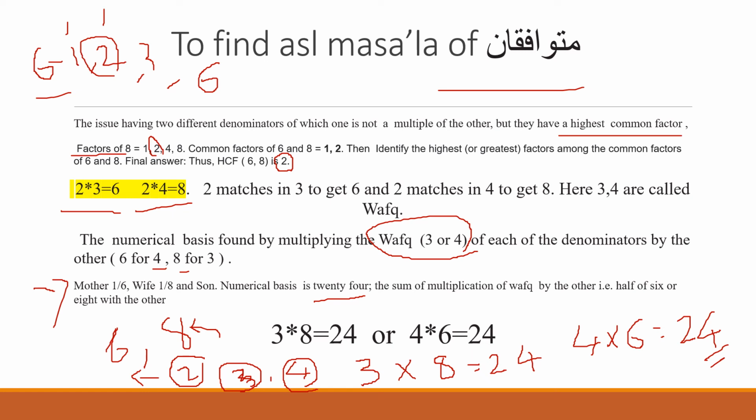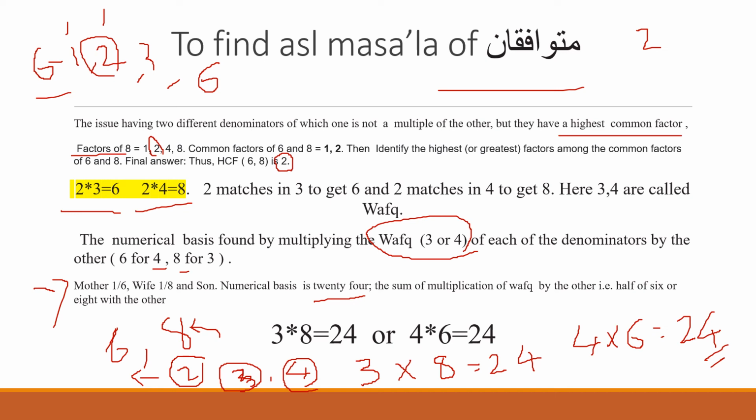Okay, so for two denominators whose relation is mutawafiqani, it means the two numbers are not the same, and one is not a multiple of another, but they have a highest common factor. These two numbers have a highest common factor, HCF, that is 2.